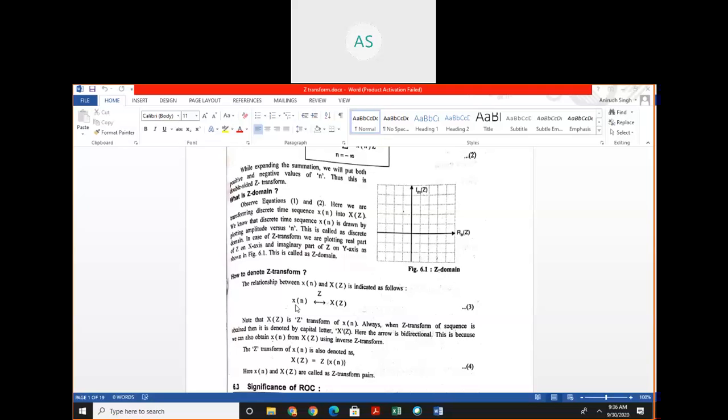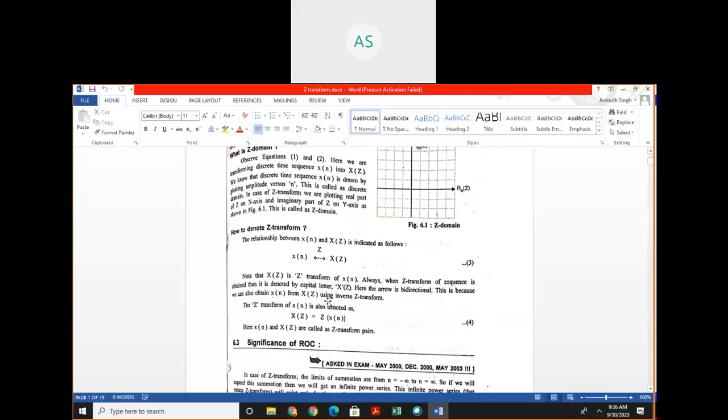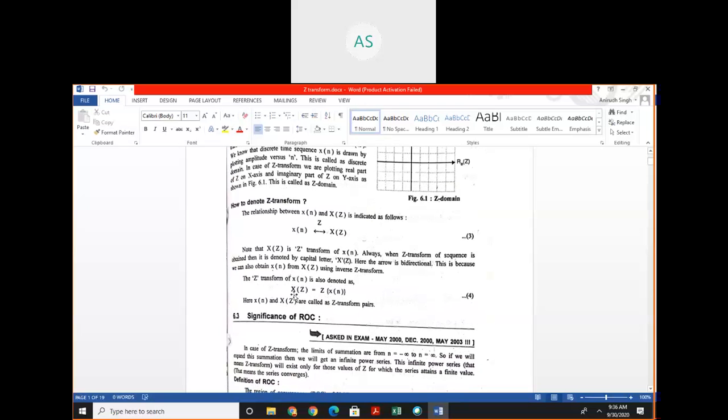The Z transform of x of n is equal to X of z, where x of n is the time domain signal and X of z is the frequency domain signal. This is also written as X of z is equal to Z of x of n. Here x of n and X of z are called a Z transform pair.